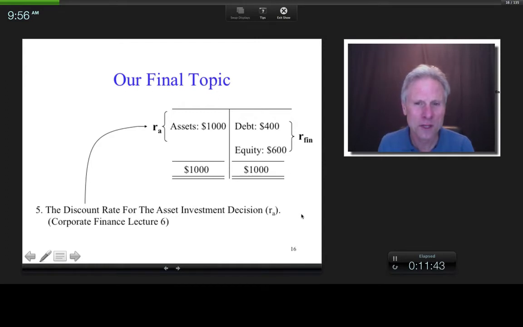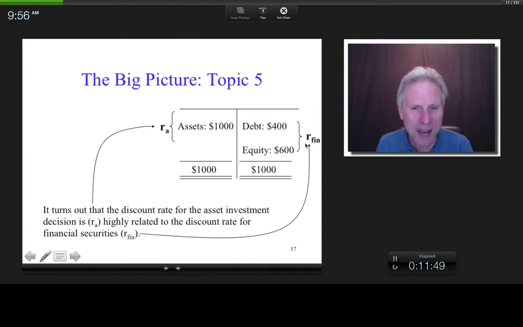It turns out that it's highly related. In other words, you cannot understand the discount rate for the asset investment decision unless you understand the discount rate for financial securities. And so that is why we're getting into it today.